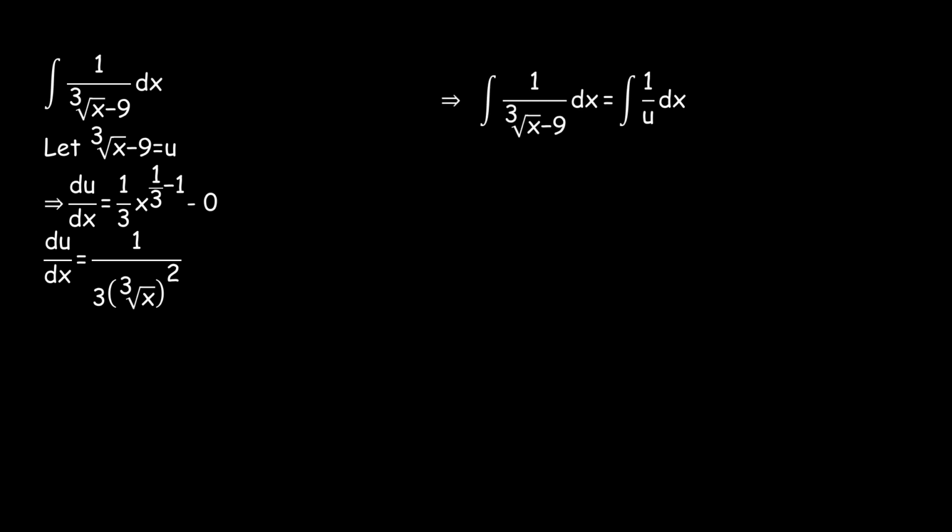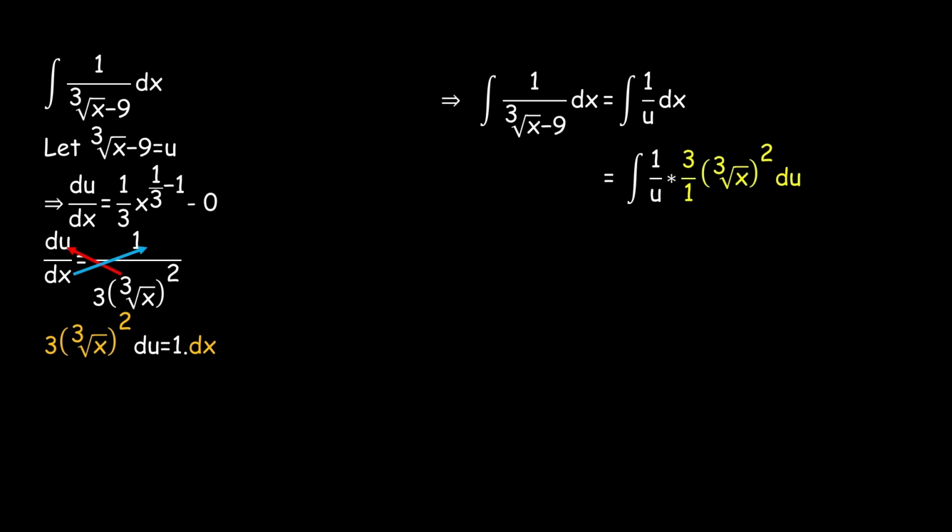Replacing the value of u into our original equation, we would have the integral of 1 over u dx, but we need to make dx the subject of the formula, as always. So we cross multiply over here, then we're going to get 3 times the cube root of x all squared du.